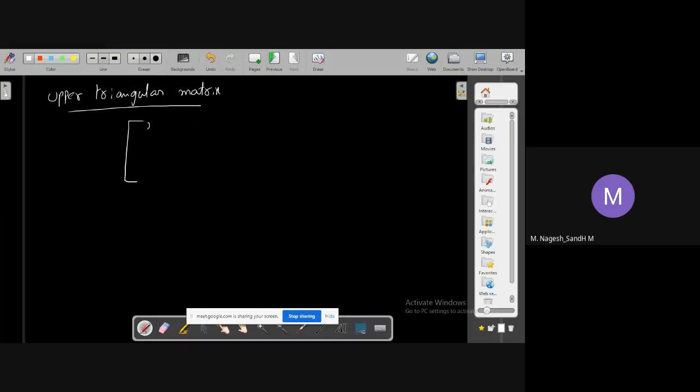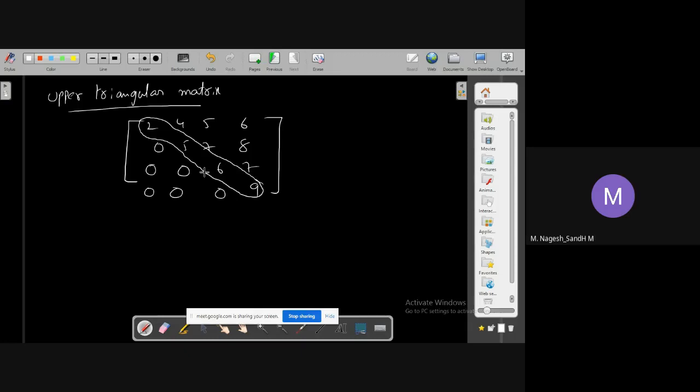For example, 2 4 5 6, then 0 5 7 8, then 0 0 6 7, then 0 0 0 9. This is the main diagonal or principal diagonal. Below the principal diagonal, all elements are 0, then it is called the upper triangular matrix.